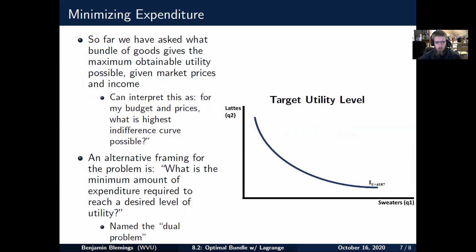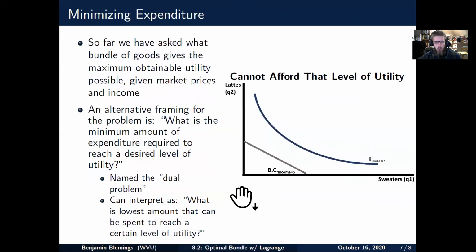But there's another way to think about it: what is the minimal amount of expenditure I have to spend to get to a target utility level? And this is named the dual problem. So let's say we just have this target utility level of U equals 4,187. We want to know what's the minimum amount I can spend to get utility equals 4,187.